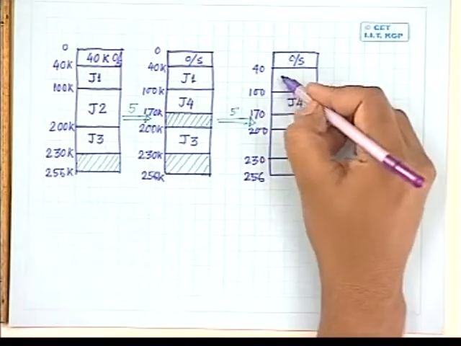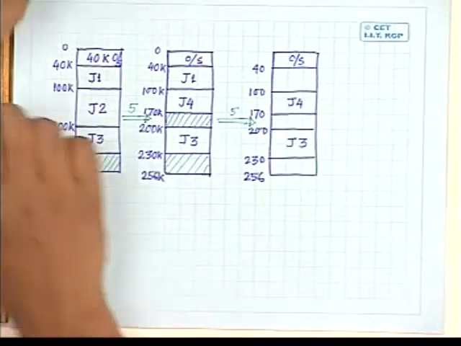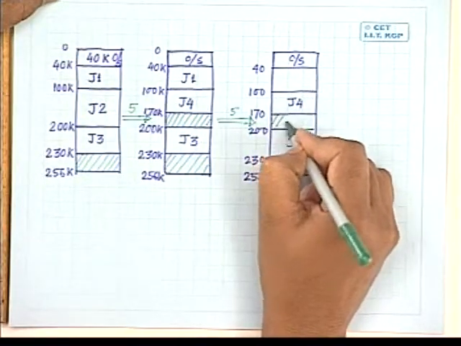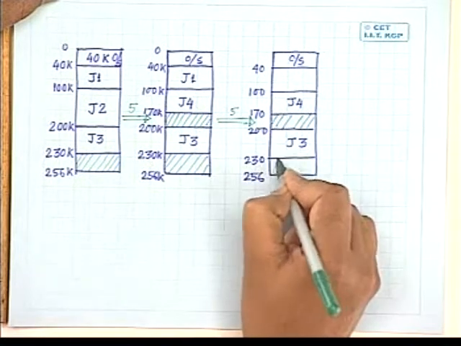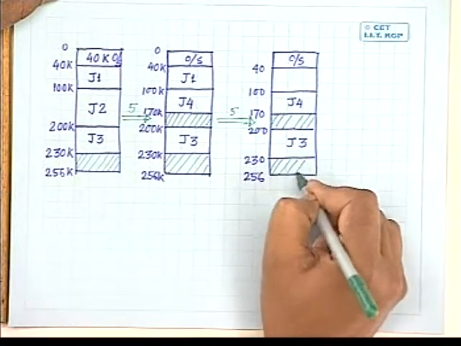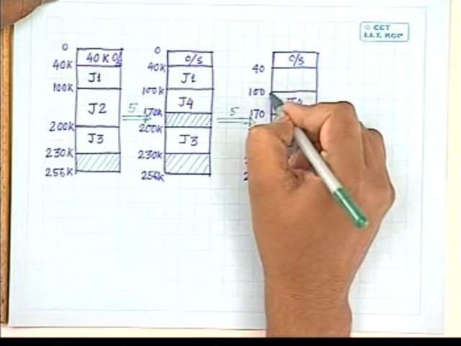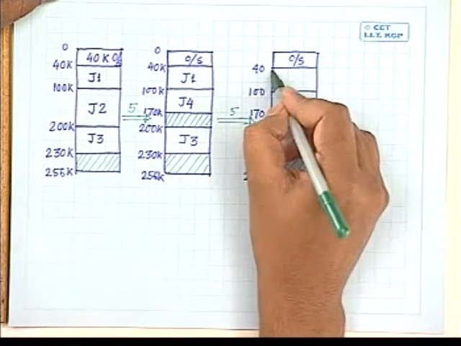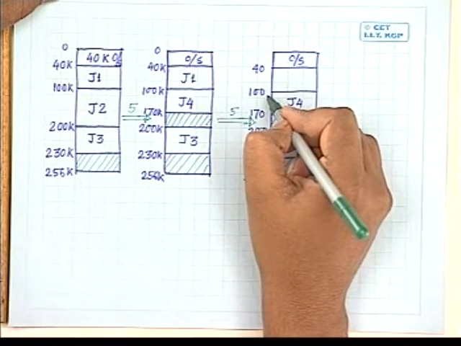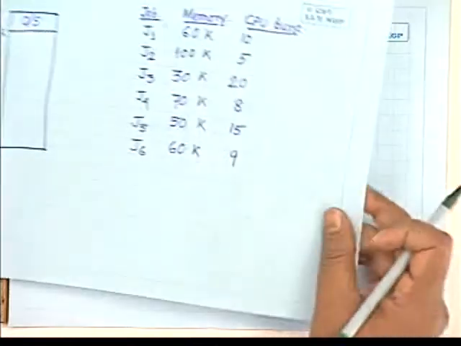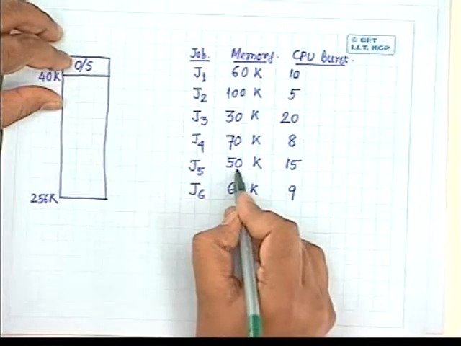Okay. So you find that here I have a new free partition of, so these are already existing free partitions of 30K and 26K, and here I have created a new free partition of 60K. Right? Now, the size requirement of job J5 is 50K.